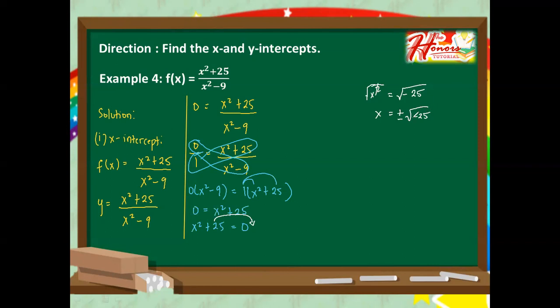So that is our x-intercept. So if this is the case, we can say and we can conclude that there is no real solution. I will write it here. There is no real solution because x is not equal to a real number.